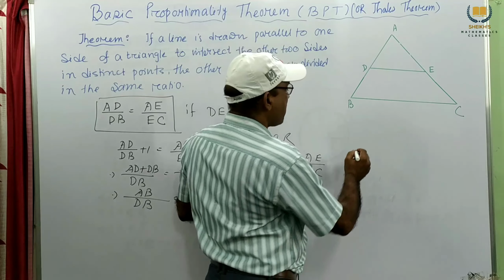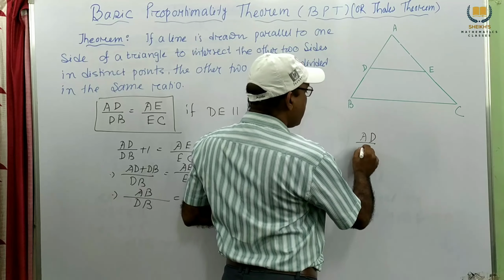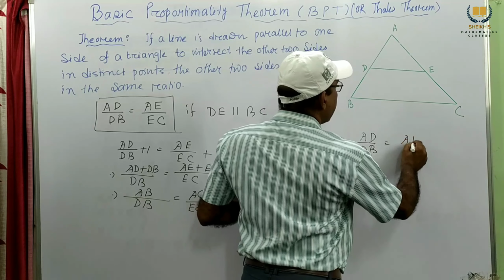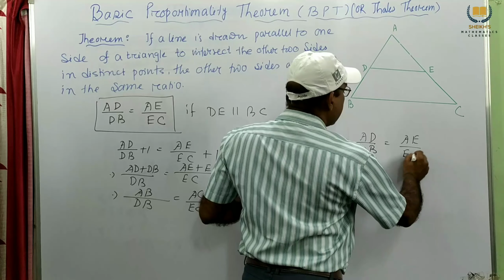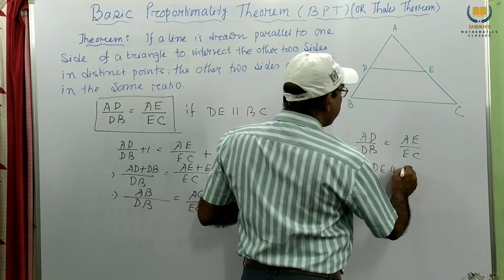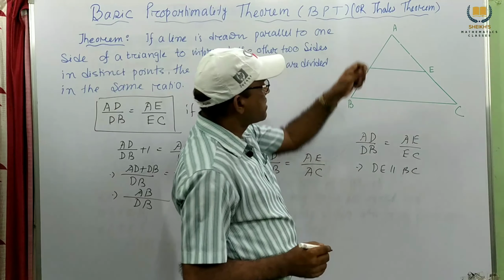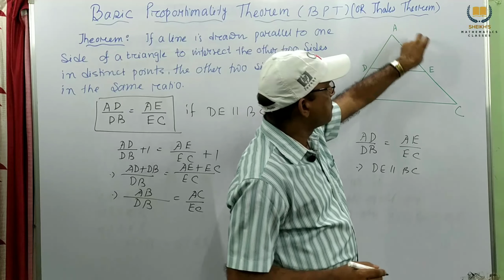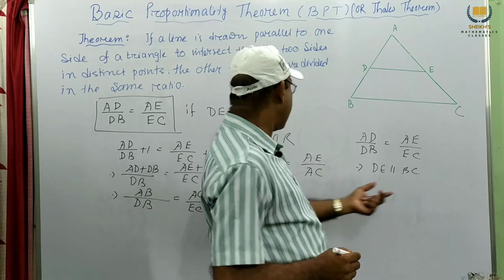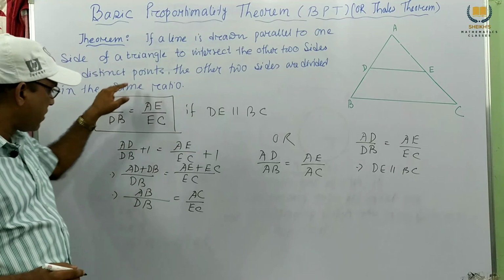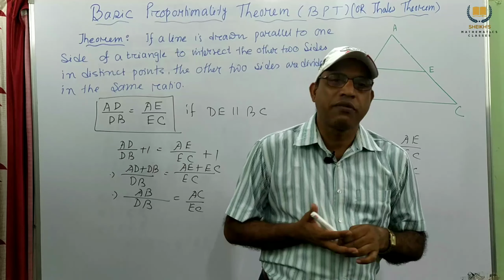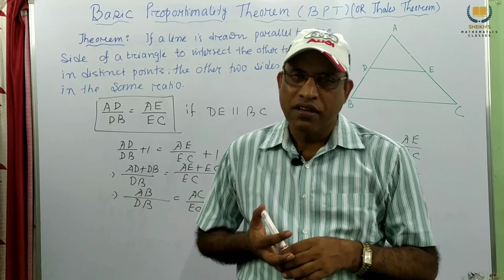Again, if we have AD by DB equal to AE by EC, then we can write DE parallel BC. If we have this condition, then ultimately we get this parallel this, and if these are parallel, then we get this condition. So this is known as basic proportionality theorem or Thales theorem.